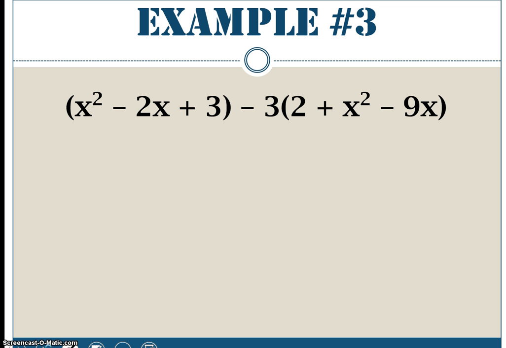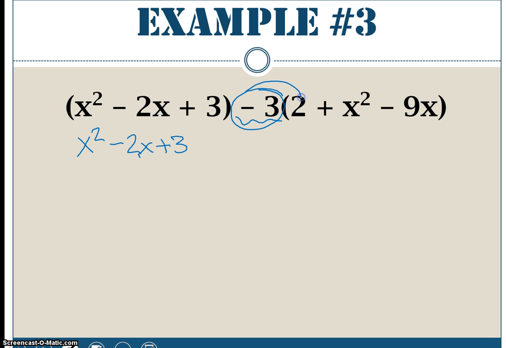My next example, I've got x squared minus 2x plus 3, minus 3 times the quantity 2 plus x squared minus 9x. So again, the first polynomial is not being multiplied by anything, so I can drop it straight out of the parentheses. The second polynomial is being multiplied by a negative 3.